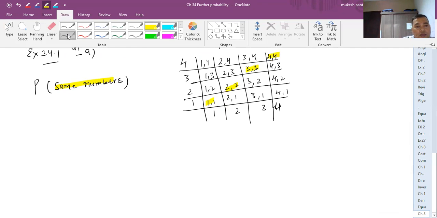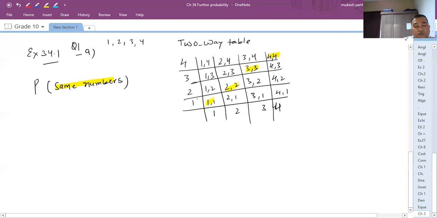How many? 1, 2, 3, 4. So 4, and total outcomes are 4 times 4, which is 16, right? 4, 8, 12, and 16. So the total number of outcomes is 16, and the probability is 1/4.